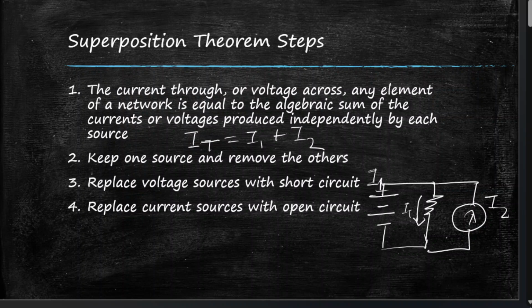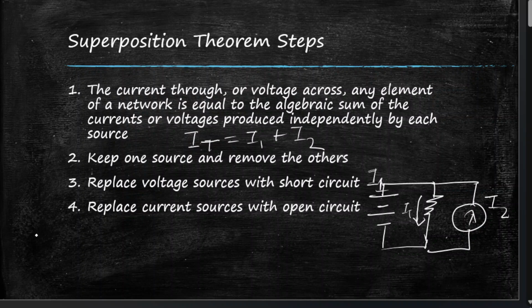Now to do this, we obviously have to isolate each source and analyze them separately and find the current produced by them independently. So for this, we have to replace every other source that we are not analyzing for now. So if we are analyzing the voltage source, then we have to remove the current source.